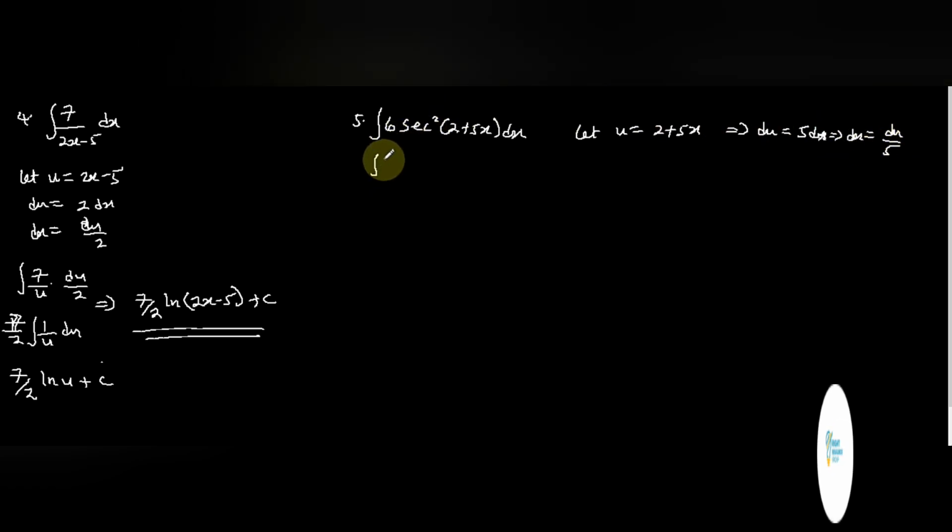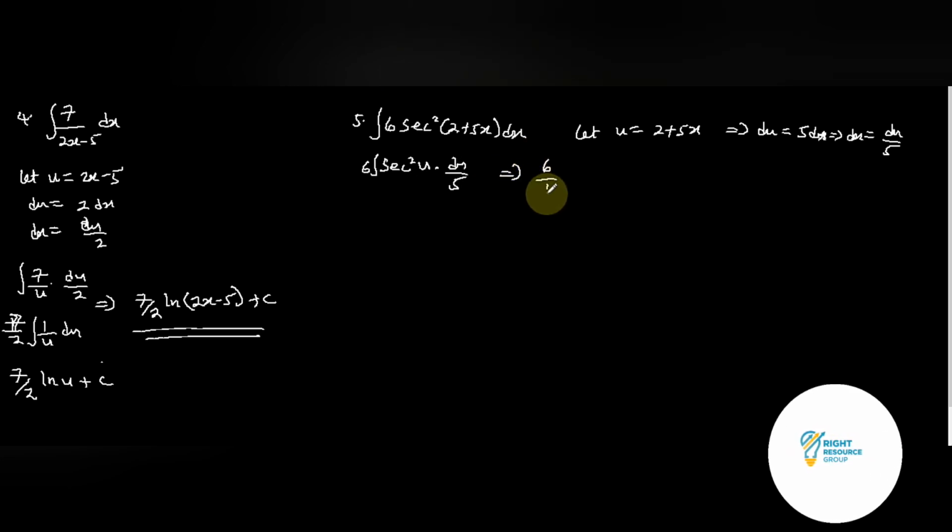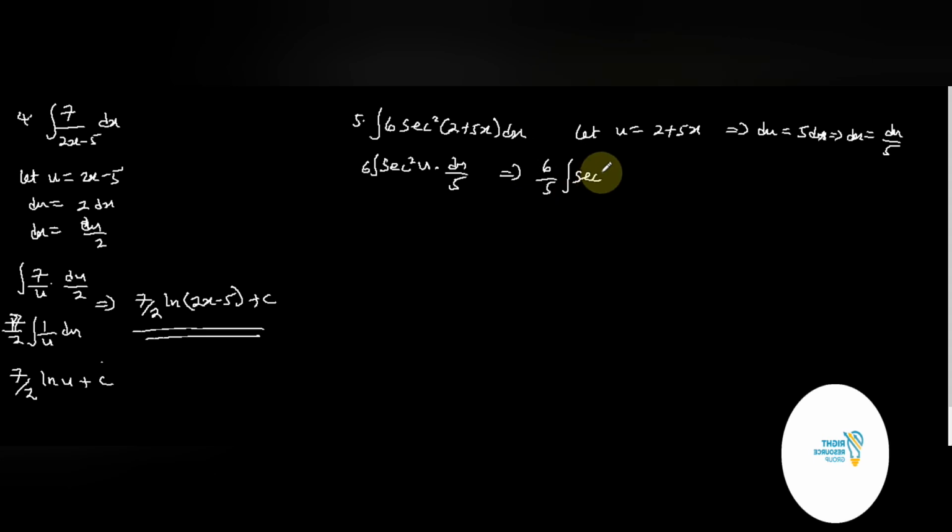So this integral will become, we can bring this 6 outside, sec squared u. Instead of putting dx now, we have dx to be du over 5. And this could also become 6 over 5 integral of sec squared u du.